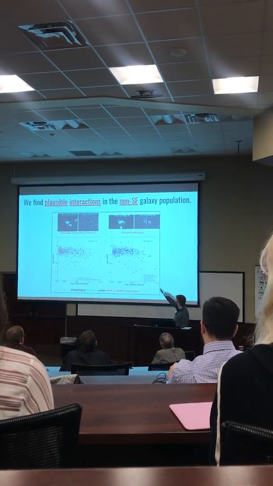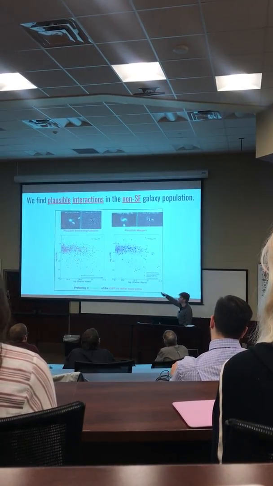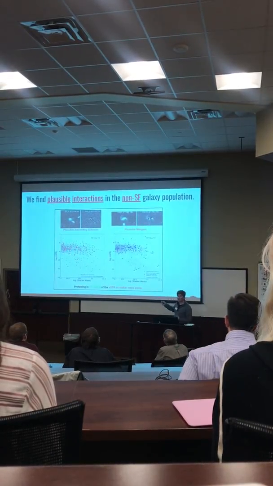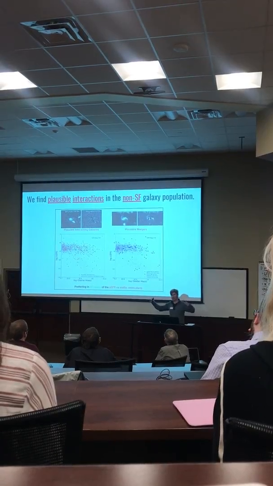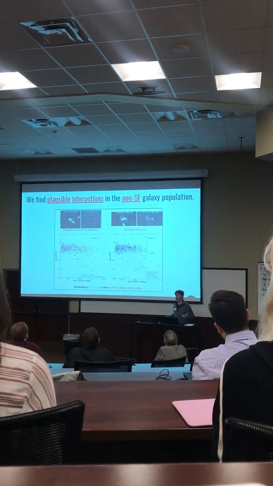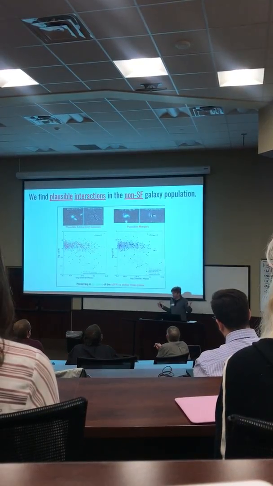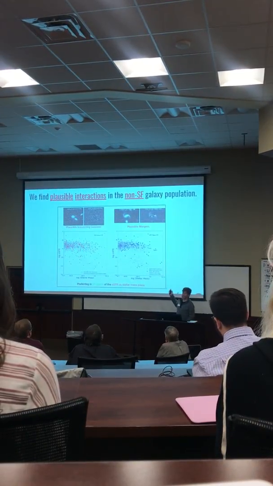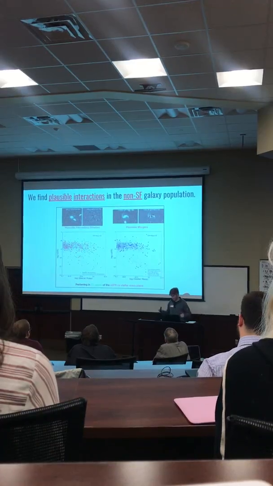We have a star-forming population right here, and a quenched population right there. And it doesn't really make any sense, when you go back to that first image that I showed, that we associate mergers with star formation. So why are these here? Honestly, my answer was, it's possible we made a mistake, and I hope that's not true, but these could be errors. And so I went back and looked at them.